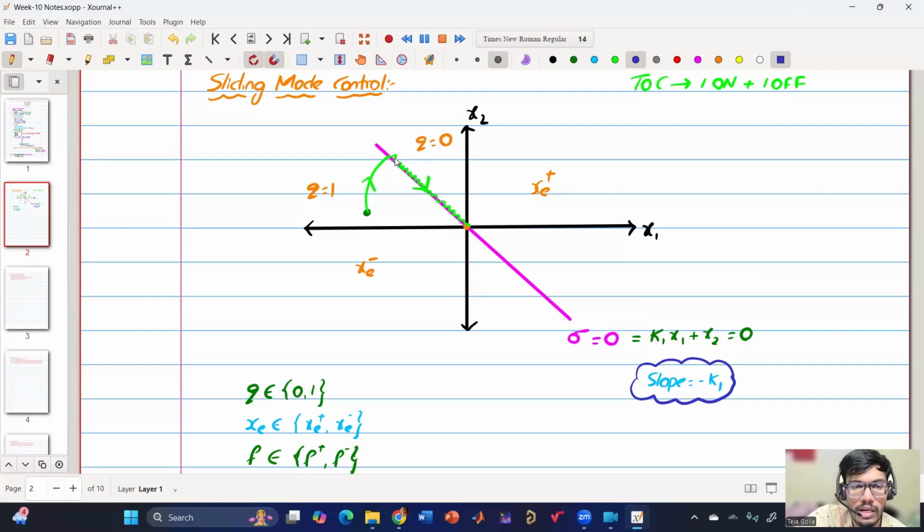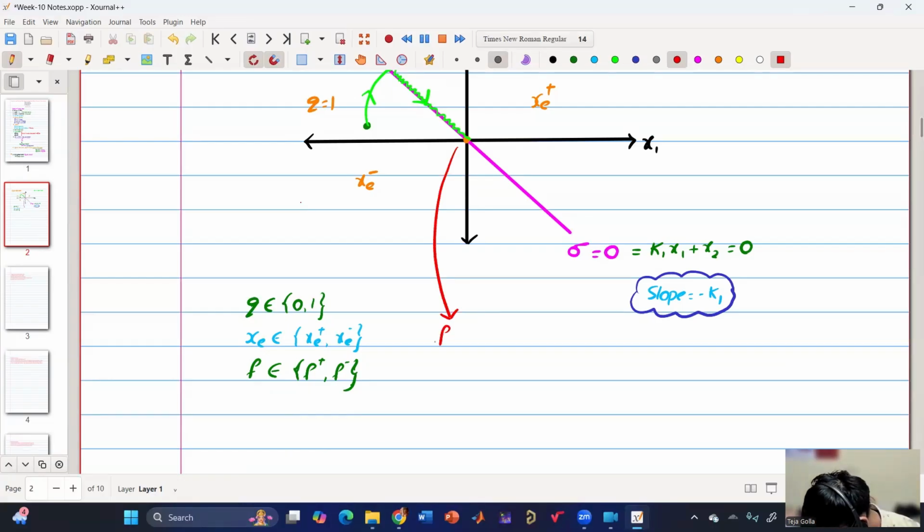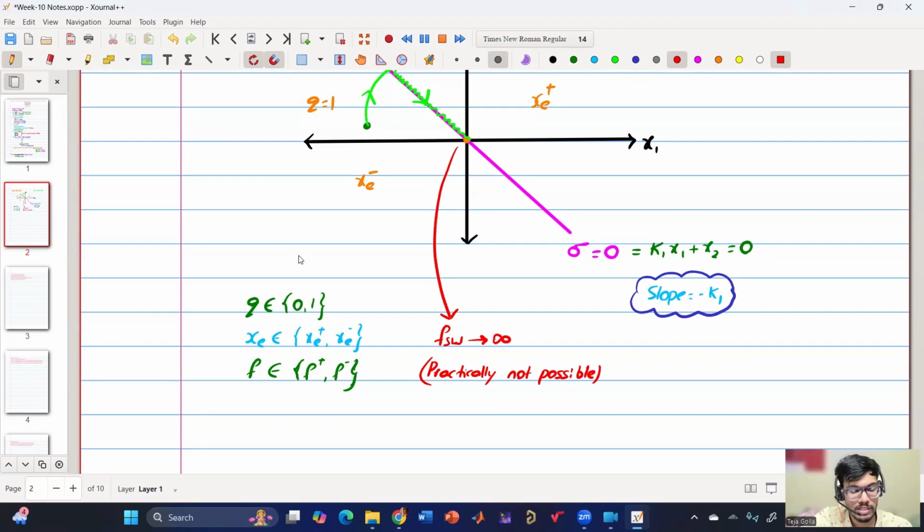So it is turning on and off very quickly over an infinitely small value. This kind of switching action means the switching frequency tends to infinity, so this is practically not possible to implement, because the switching frequency is too high.